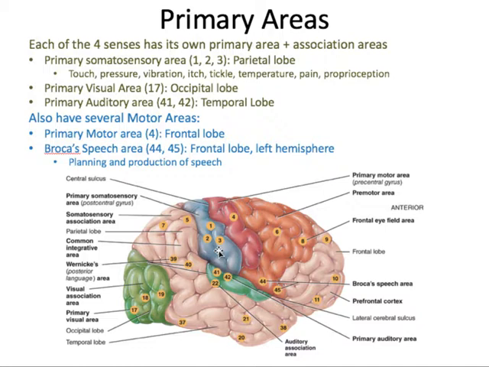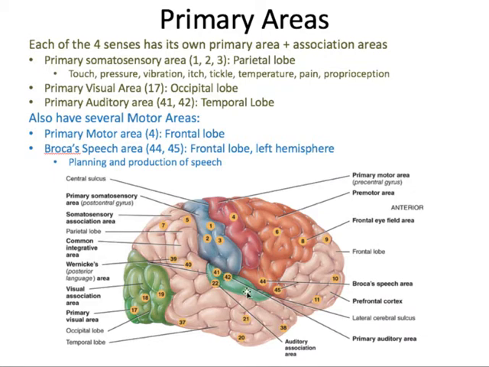All right, we also have a primary visual area that's back here in the occipital lobe. And that's where all of your primary visual senses come into the brain. So the fact that you're looking at something that's round and red and small is going to be sensed in that area. The primary auditory area is right here.